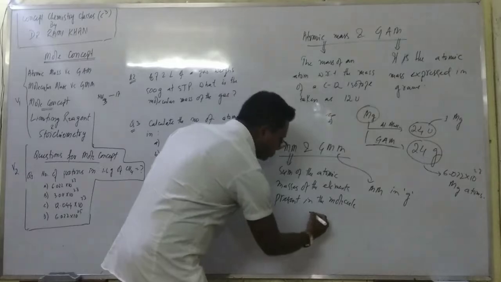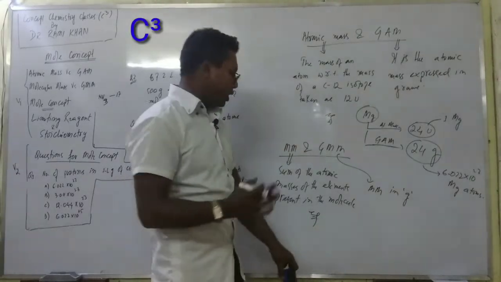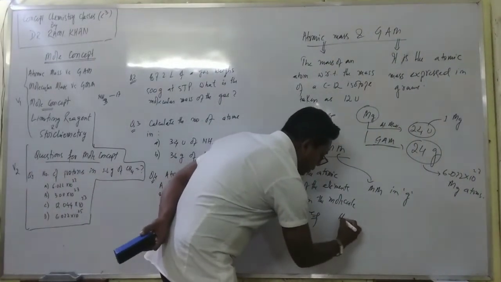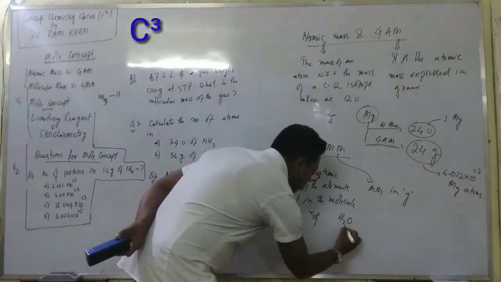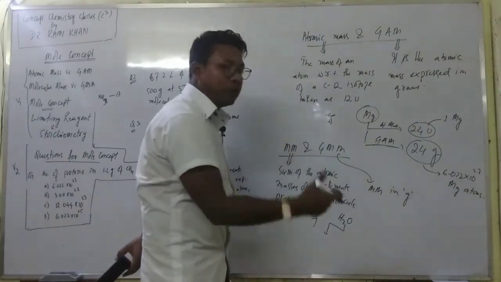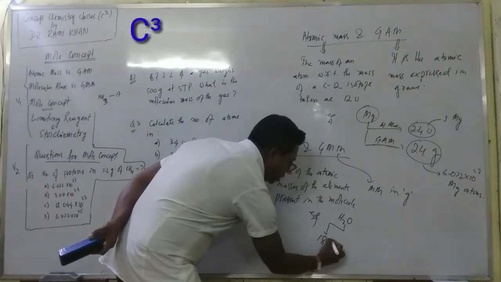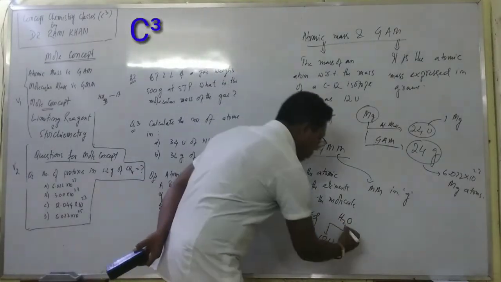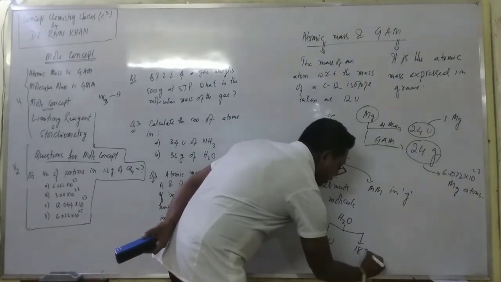For example, let us take one molecule, that is water. Molecular mass of water, relative molecular mass of water is 18U, but gram molecular mass of water is 18 gram.